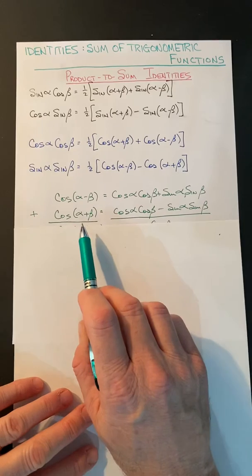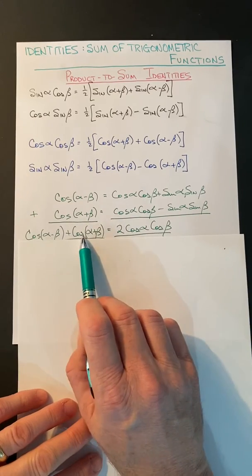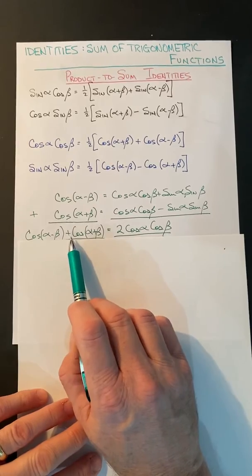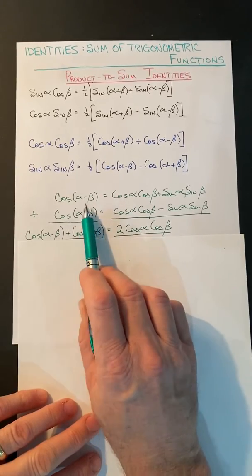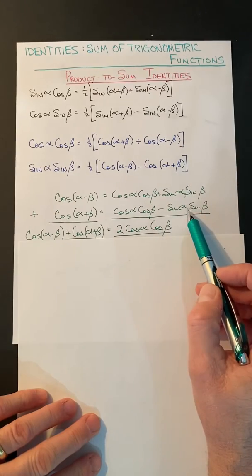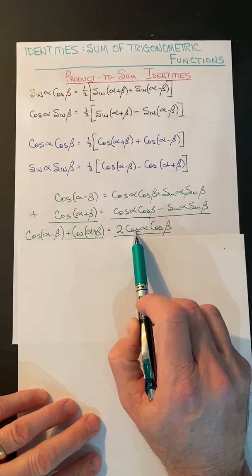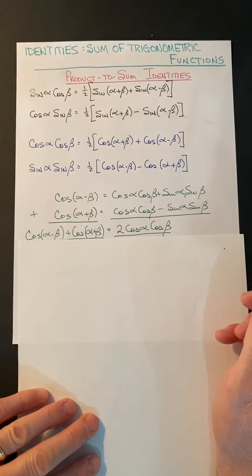So I'm going to have on this side the cosine of alpha minus beta plus the cosine of alpha plus beta, just these two added together. This subtracts out, and these are the same, so I'm going to get 2 cos alpha, cos beta, right?